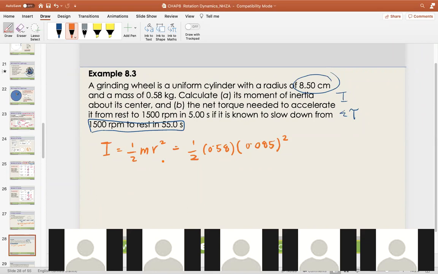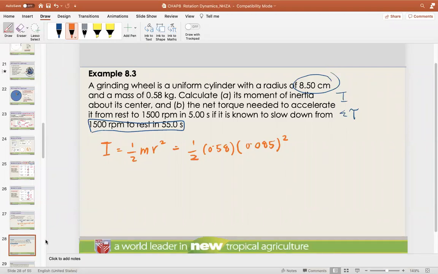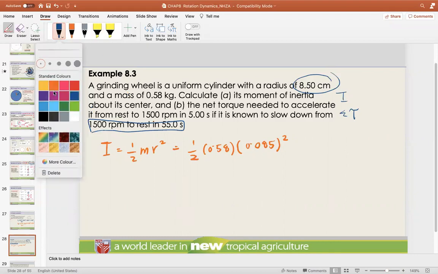Okay, so we are left with net torque. Can I get Meon to help me with the net torque? Okay, Meon, what should we do to find the net torque here? Net torque.